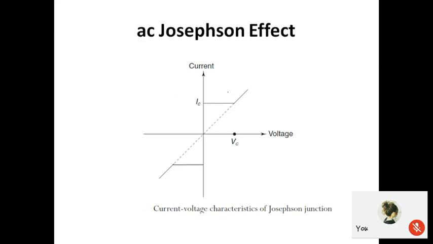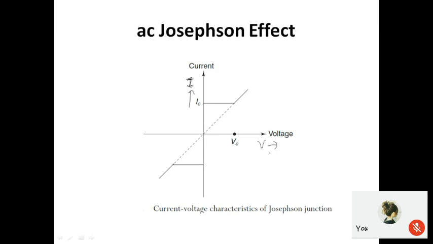So that becomes the AC Josephson effect. If we consider the corresponding volt-ampere characteristics, or VI characteristics, of a Josephson junction, that means we consider the variation of current I with respect to voltage V through the Josephson junction.